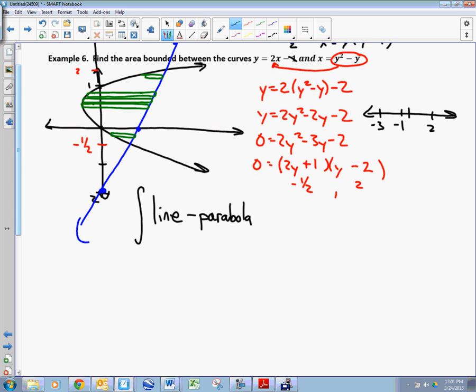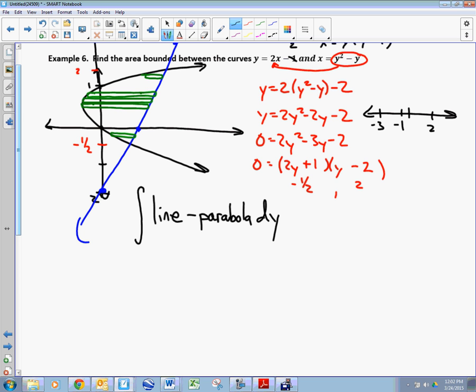Okay, now, second of all, if you draw your rectangles horizontally like that, then what you have to do is instead of dx, this is dy. Right minus left. You can't do top and bottom here.